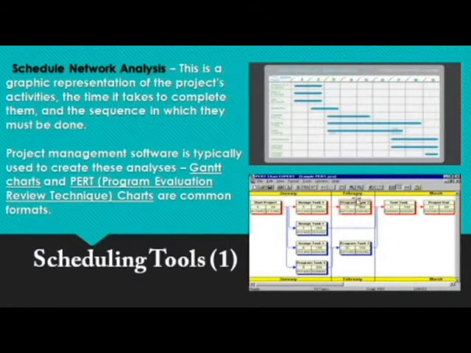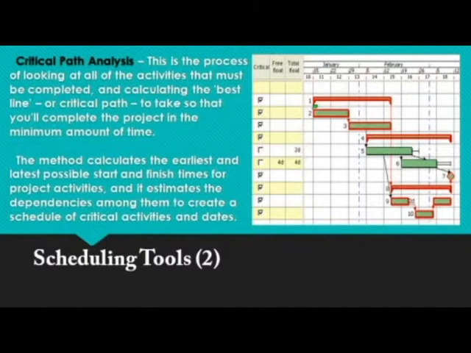So over here is an example of a Gantt chart, and this one is an example of a PERT chart. PERT meaning Program Evaluation Review Technique charts.